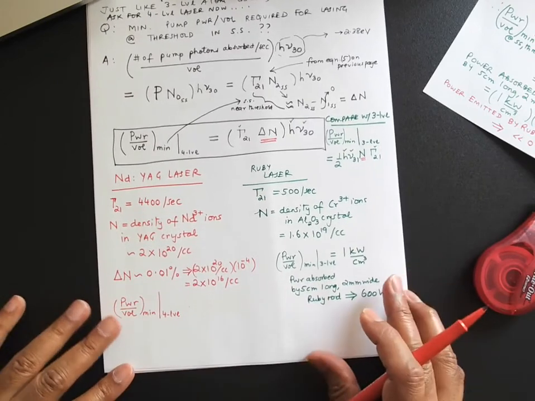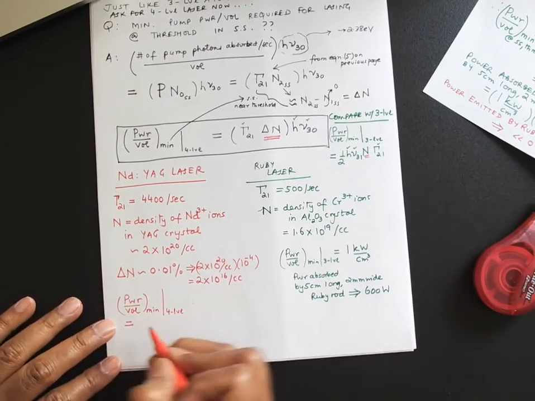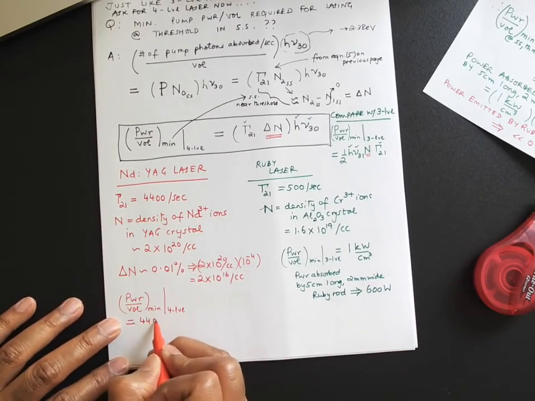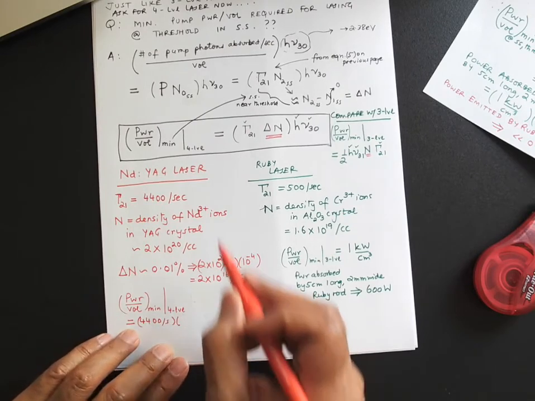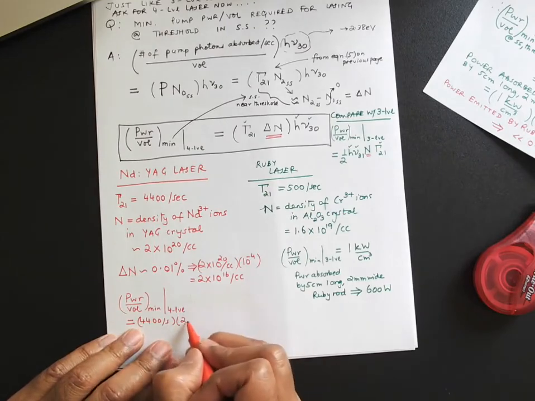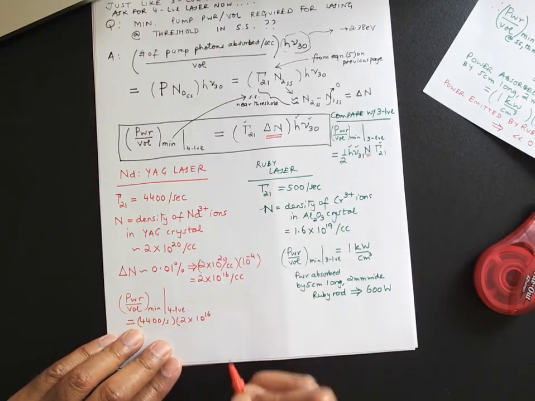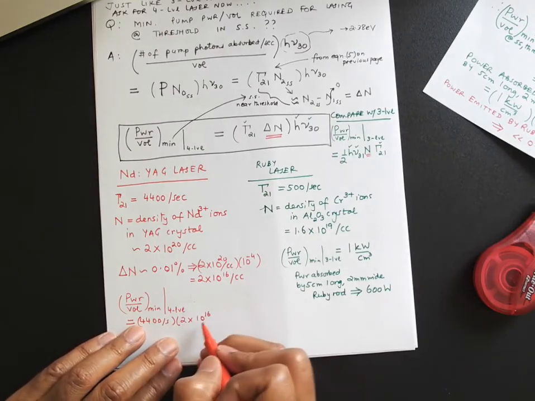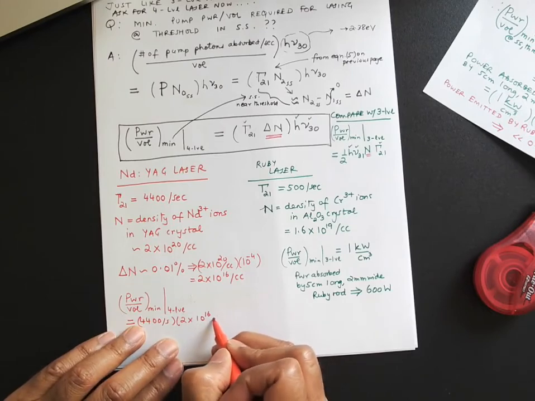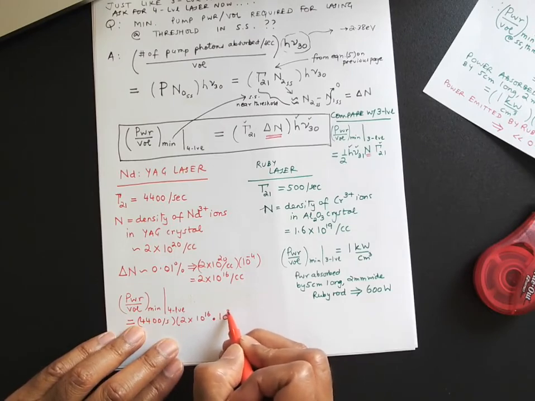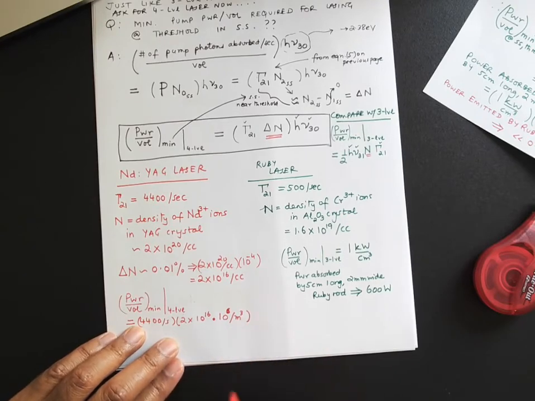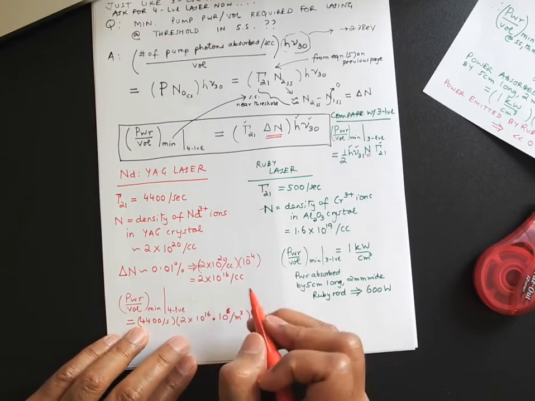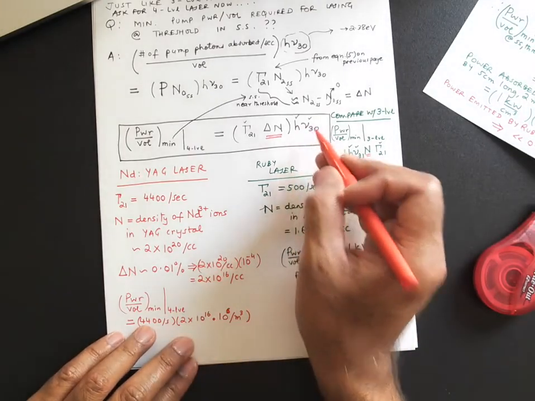So this is 4400 per second multiplied by the delta N, which we worked out to be 2 times 10 to the 16 per cc, but that means a further 10 to the 6 per meter cube. Okay, and then what else? Then the h nu 30.